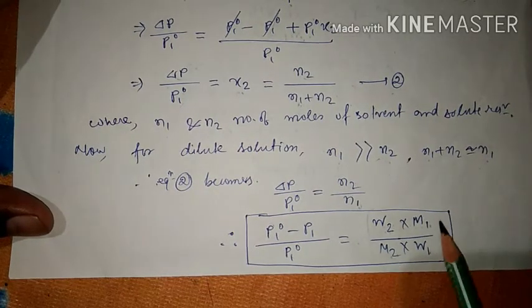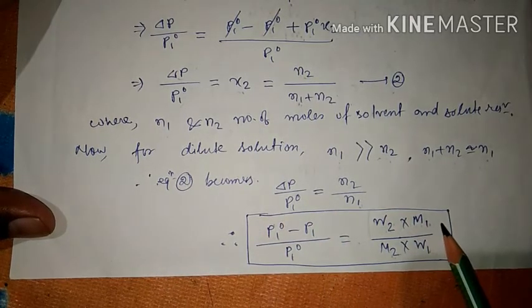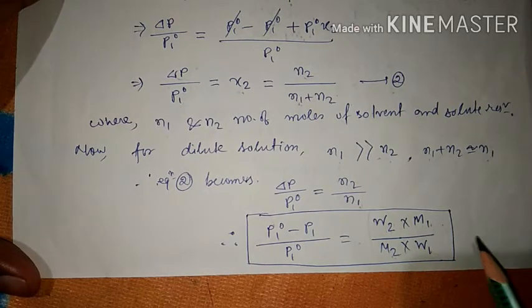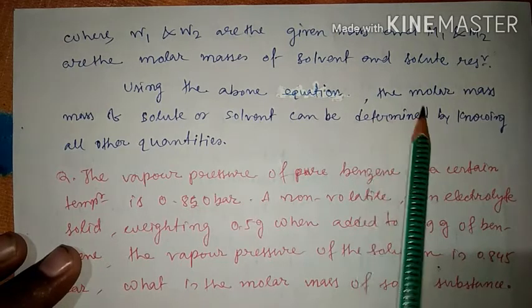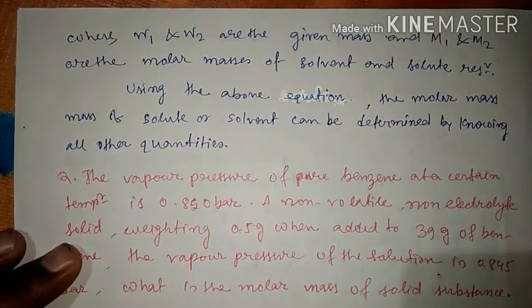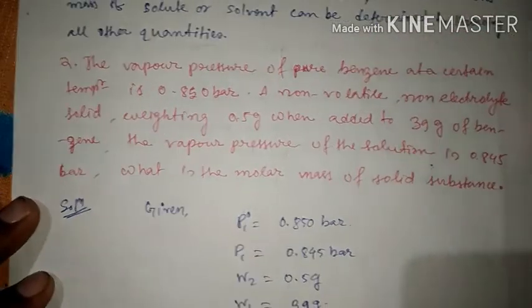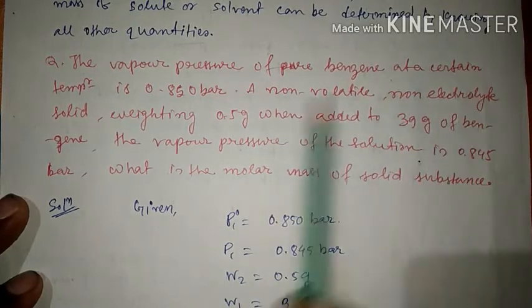As well as, if we know all the quantities except any one, then we can find that one easily by simple mathematical calculation that I have written here. Using the above equation, the molar mass of the solute or solvent can be determined by knowing the other quantities.